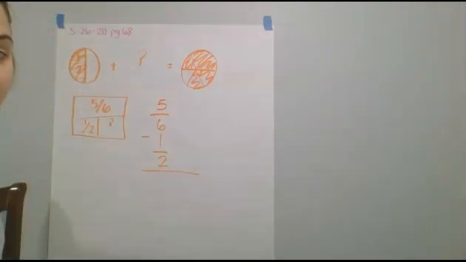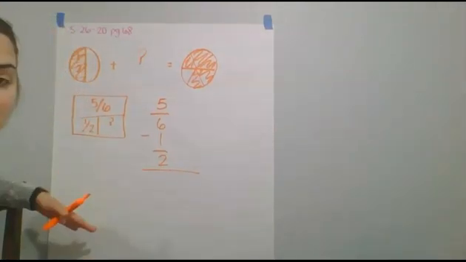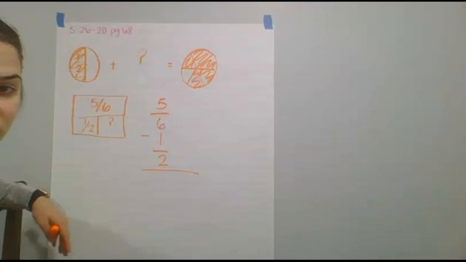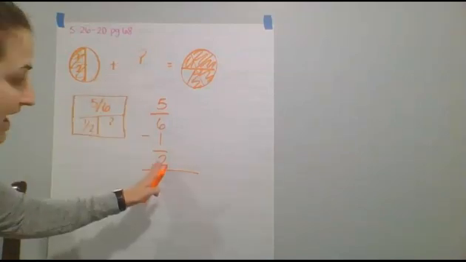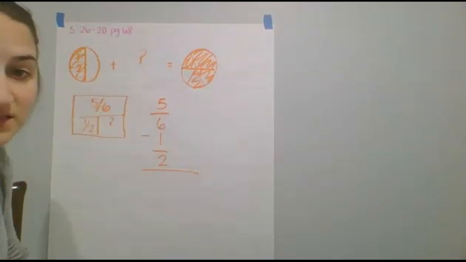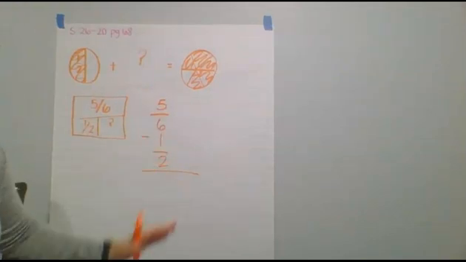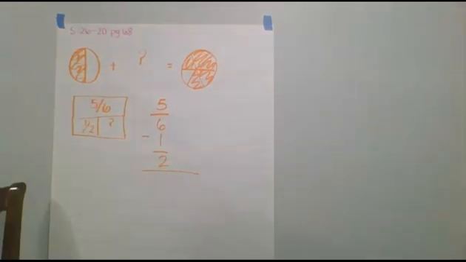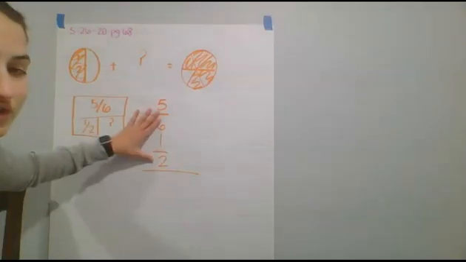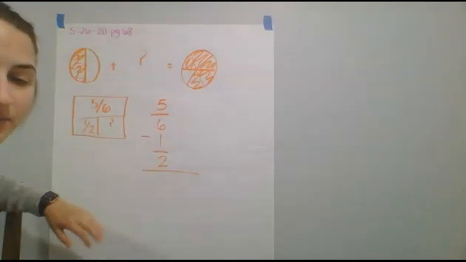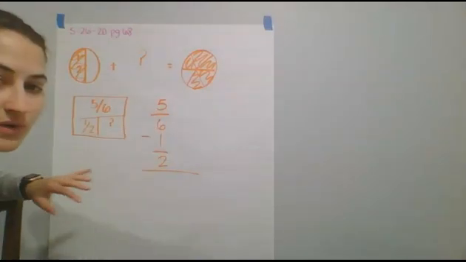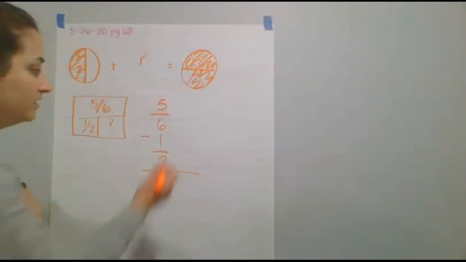And remember, if I am subtracting or adding fractions, I want to make sure that I'm lining them up and stacking them, because it's easier to work with them when they're stacked on top of each other. Okay, so now we want to make sure that we're finding a common denominator, because when we're subtracting fractions, you have to have a common denominator.